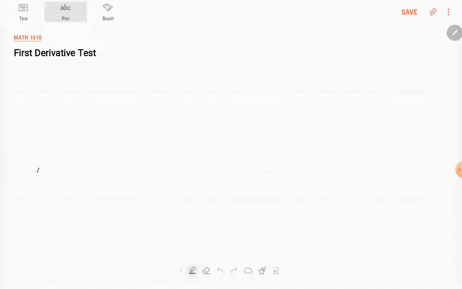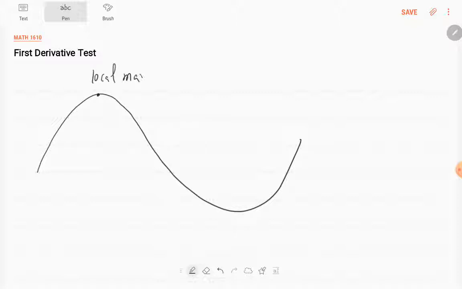So now let's look at this graph. Okay, this graph, and we know this would be the local maximum, right? This point gives you the local minimum.